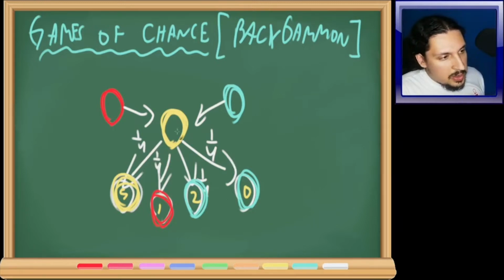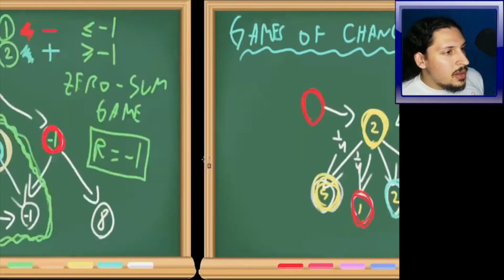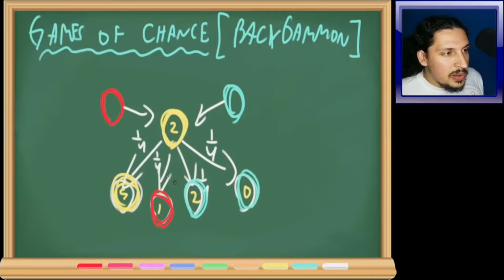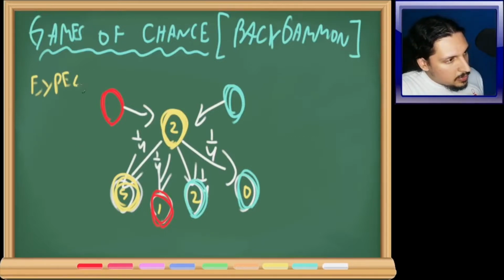And here I would get a score of 2. So this is the average score, the expected score at this node. And basically there is a well-defined result for this kind of games, where the result will now be the expected score.